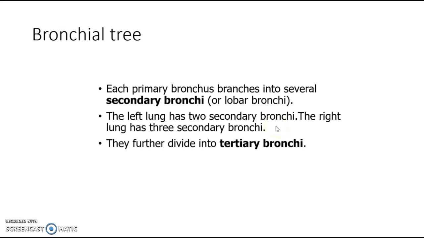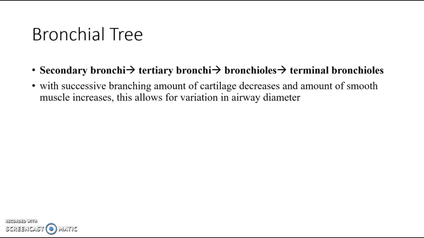The left lung has 2 secondary bronchi, and the right lung has 3 secondary bronchi, and we'll talk about why that is in a second. And then they further divide into the tertiary bronchi. So it goes secondary bronchi, tertiary bronchi, bronchioles, and then terminal bronchioles.